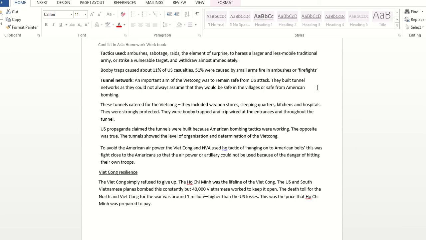In order to get their supplies, the Viet Cong would use secret underground tunnels. And they would use these to move supplies and people around. They would often also live down there at points as well. One of the most important trails and tunnel networks was called the Ho Chi Minh Trail.